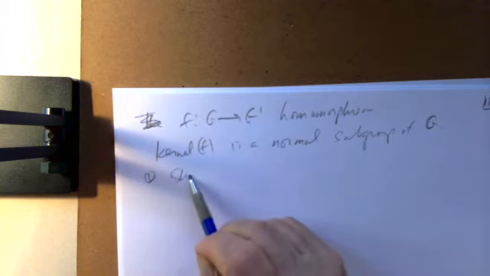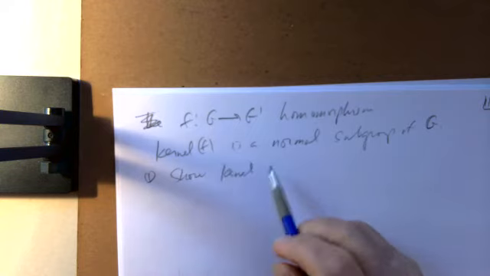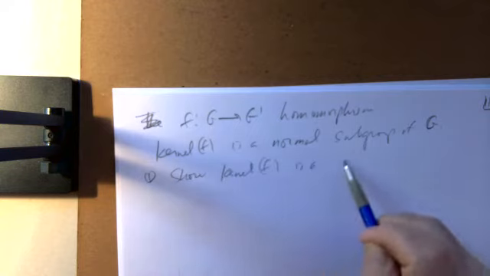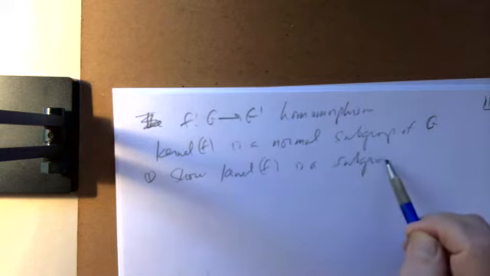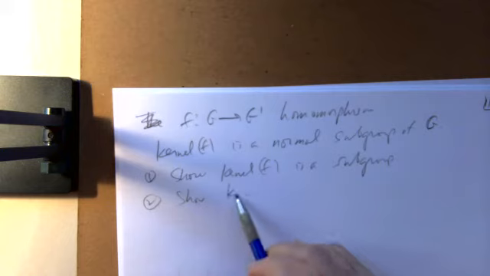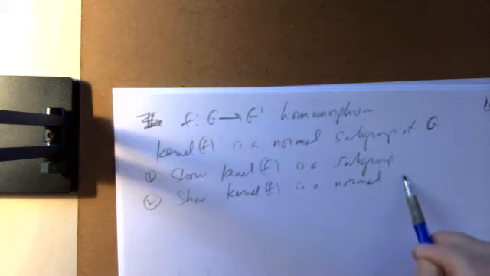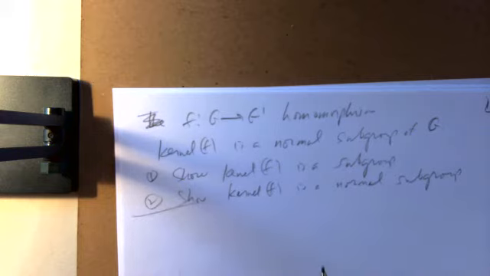First, we need to show kernel of f is a subgroup. And then we'll show that kernel of f is a normal subgroup.